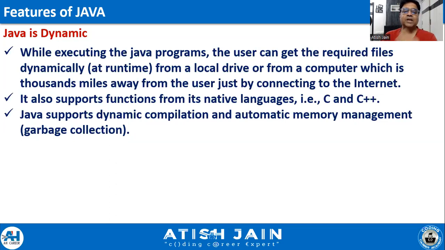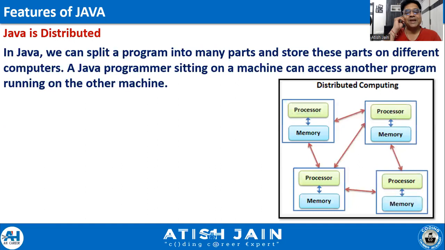Why? Because your system will be connected to the internet. It also supports functions from native languages like C and C++. Means the functions of C and C++ you can also use in Java if required. And it supports dynamic compilation. Dynamic compilation means at runtime, your Java programs will be compiled. So there are so many things happening at runtime. That's the reason we call Java a dynamic programming language.